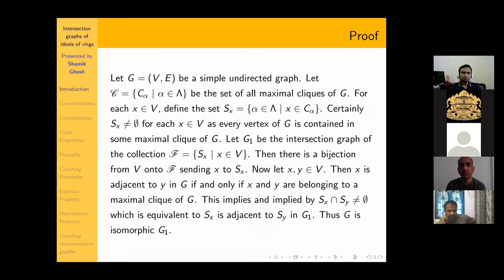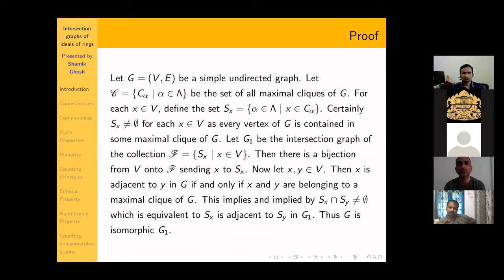So they must belong to a maximal clique of G, and that means Sx and Sy must have a non-empty intersection. They must have a common member. And so, by the adjacency relation of the intersection graph, Sx is adjacent to Sy, right?